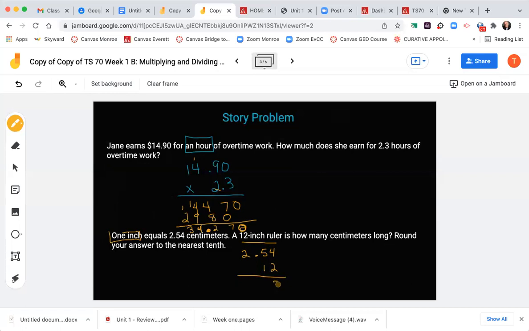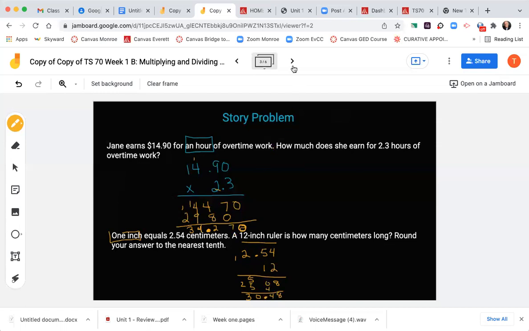Then I'm going to multiply everything out real fast here. Sorry about my writing. We get 3048. In the original problem, there are 2 digits, so I go 2 over, and that's my answer.